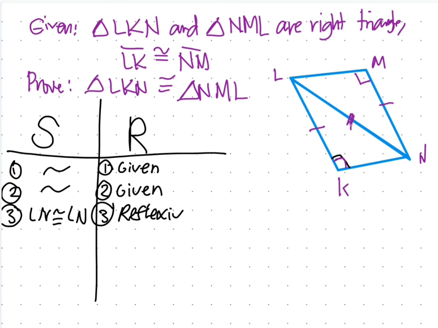And LN is also the hypotenuse of each of the triangles. Since it is given that one of the legs, LK and MN, are congruent, and the hypotenuses are congruent, therefore, this is hypotenuse leg congruence.